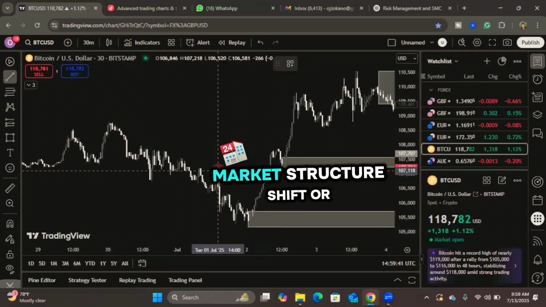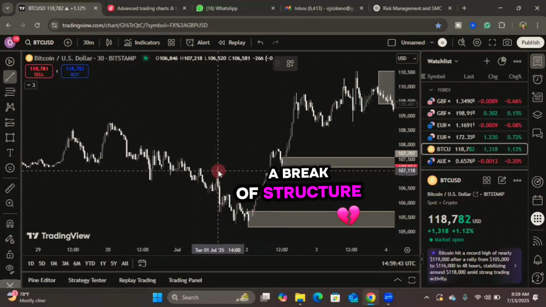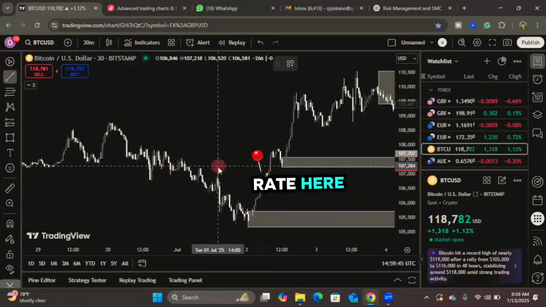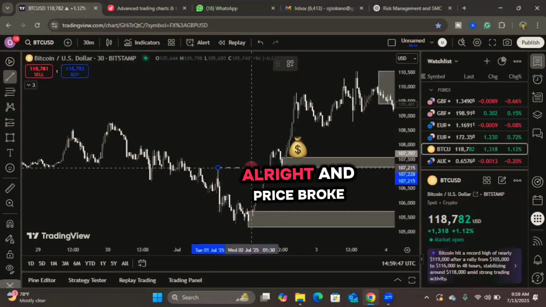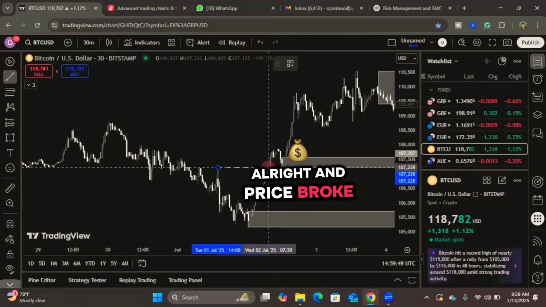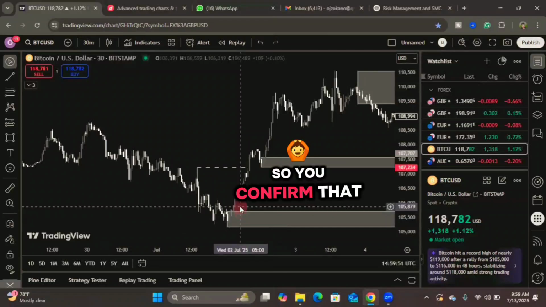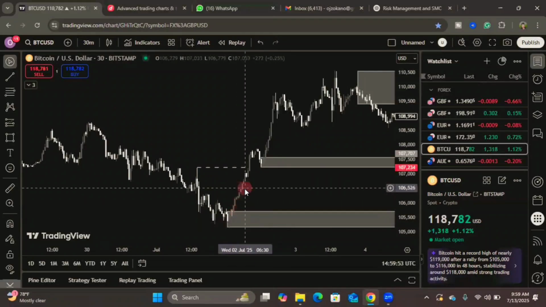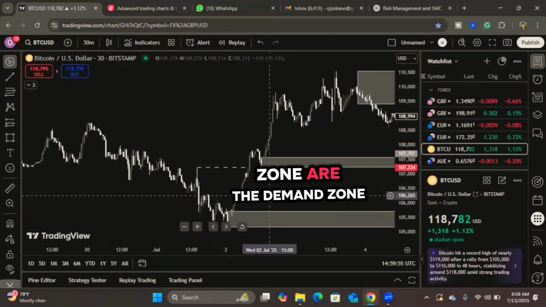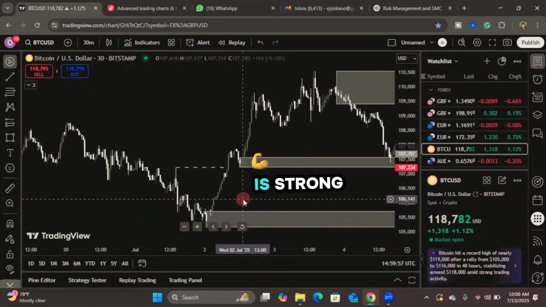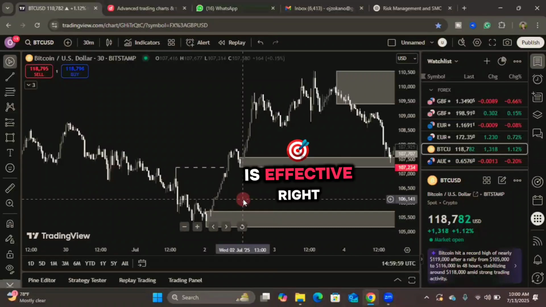It did a market structure shift or a break of structure because we had a high right here, and price broke this area. So it confirms that the supply zone or the demand zone is strong, is effective.